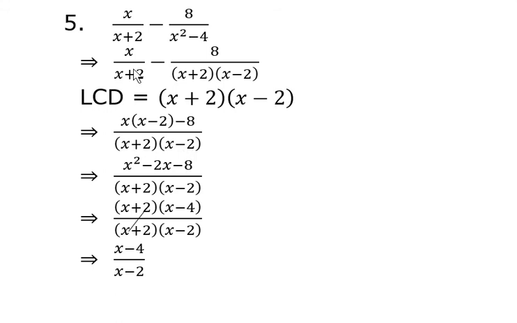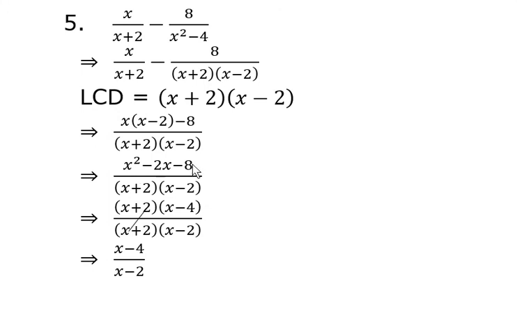LCD divided by x plus 2. So x plus 2 will cancel out. Then x, copy x times what is left when the LCD is divided by the denominator of the first term, which is x minus 2. And since we got the LCD from the second term, we just copy the constant minus 8. And we have to distribute x to x minus 2. We have x squared minus 2x. Then we copy minus 8 all over the LCD.